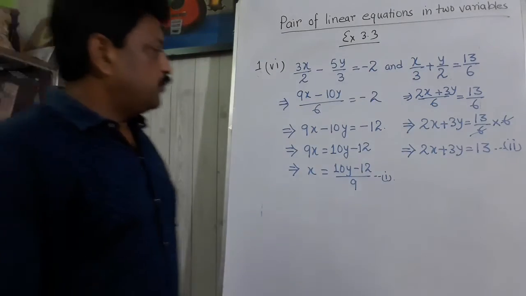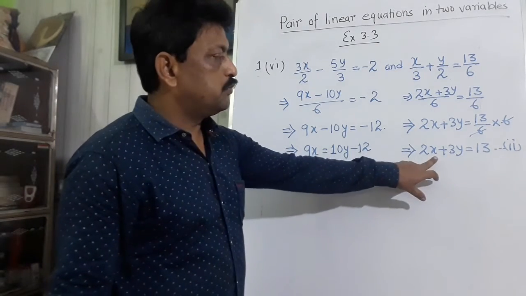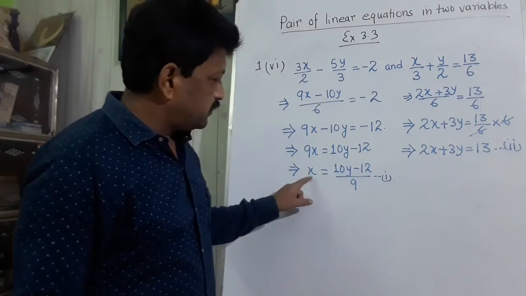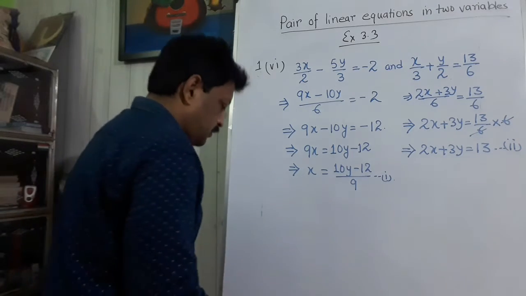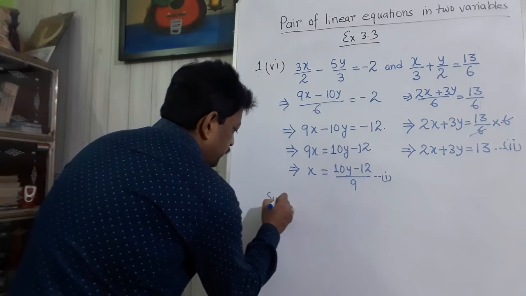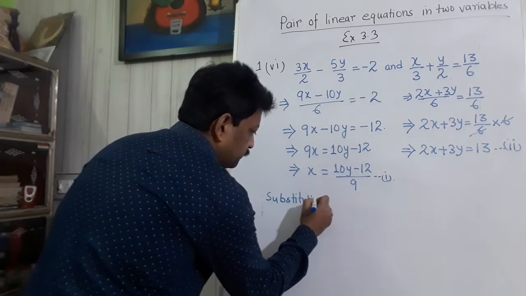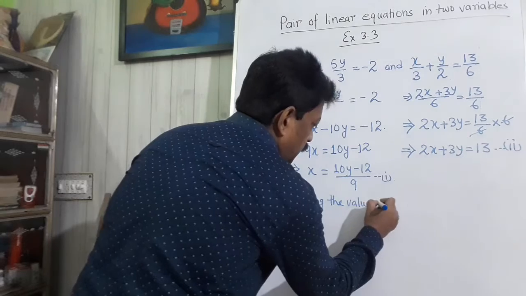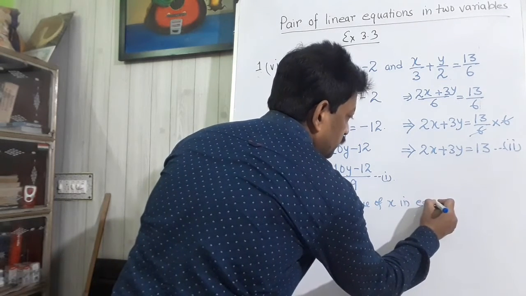Now I have to replace the value of x in equation 2. In equation 2, there is 2x. So this x will be replaced by this value, 10y minus 12 upon 9. So the statement will be same. Substituting the value of x in equation 2.